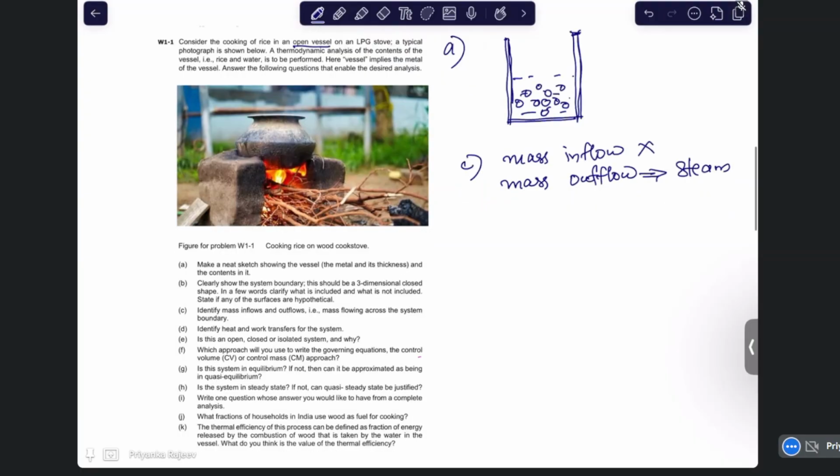Now, the next question is heat and work transfer. Heat transfer is occurring, obviously that is how it is getting cooked. So heat inflow is there from flame to the vessel. And work done by the system.